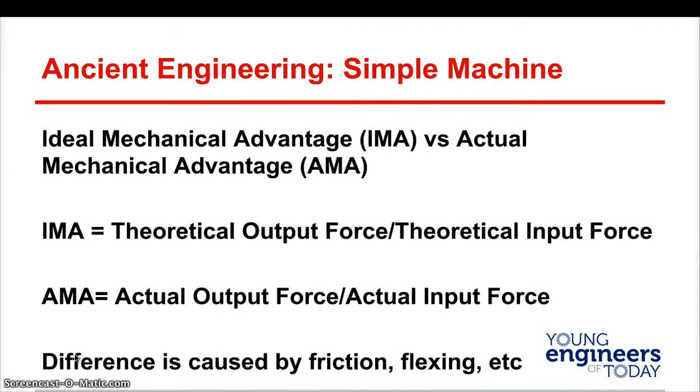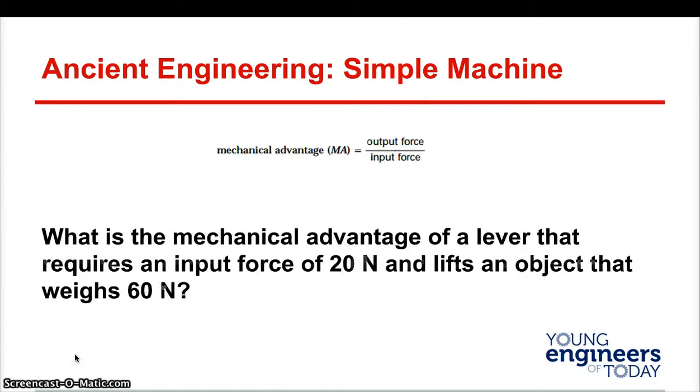The difference is caused by friction, flexing, gravity, etc. When we take the basic measurements, we're not taking into consideration things such as friction of a material or flexing. But when you actually put those into the calculation, now you're getting the actual MA.